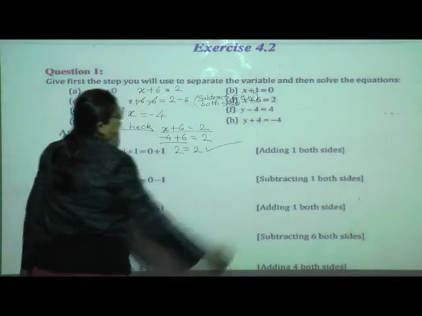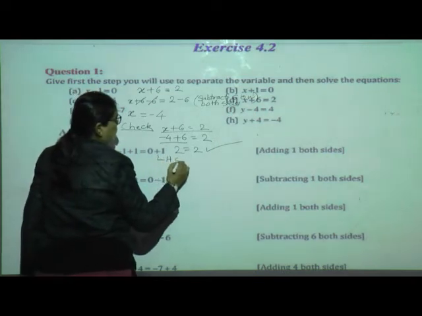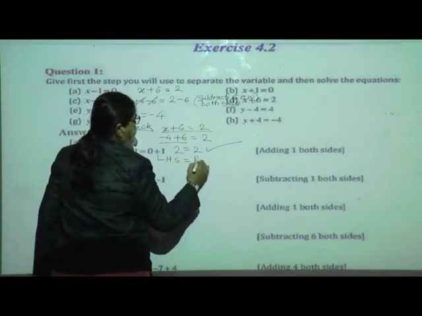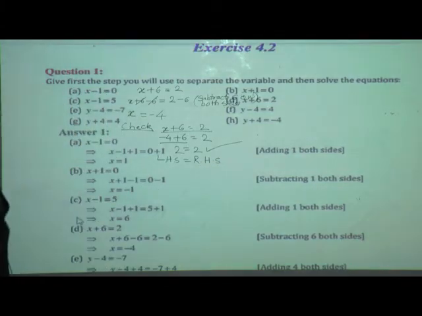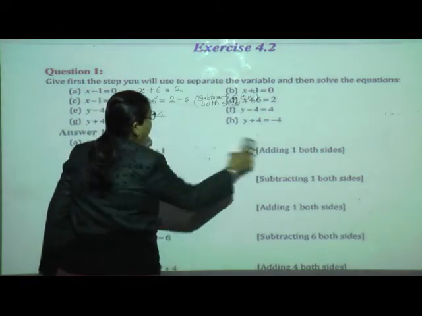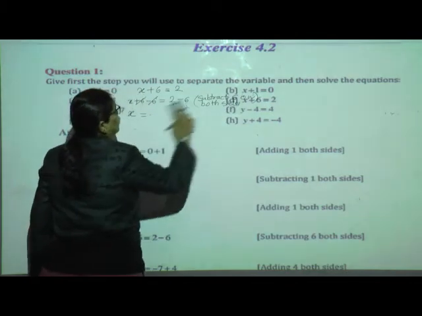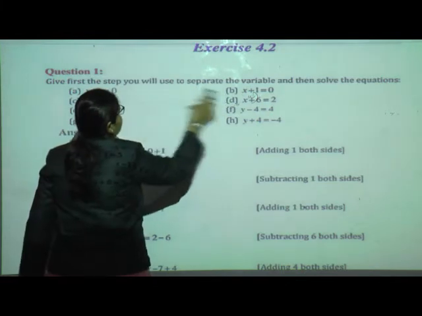So you can say LHS and RHS are both equal. What is LHS and RHS? It is nothing but the left hand side expression is equal to the right hand side expression. These are the steps we have to follow. I just showed you how to check. You need not do the checking for each and every sum, you just have to solve it.